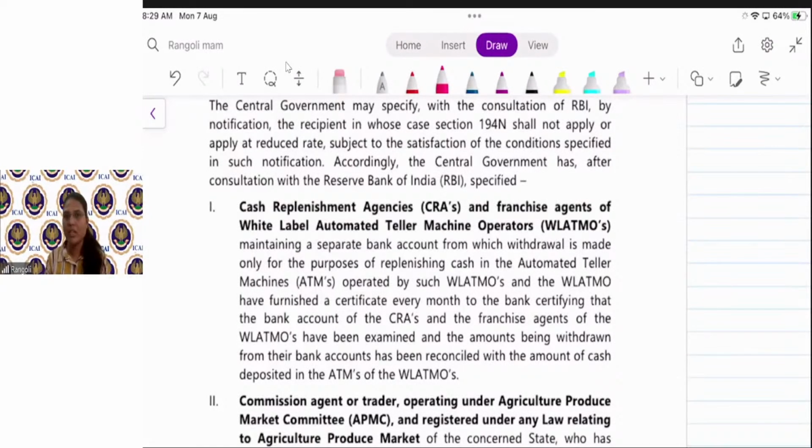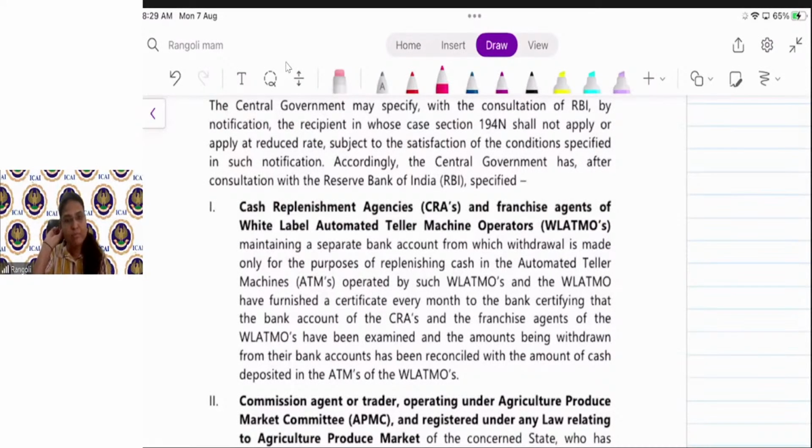In the morning, every day, the truck will come and refill the ATM machine so that for the entire day, people can withdraw amount from the ATM. So for that purpose, they need more cash, right? The cash replenishment agency and white label automated teller machine operators are allowed to withdraw more than 1 crore and the bank will not deduct TDS on that payment.